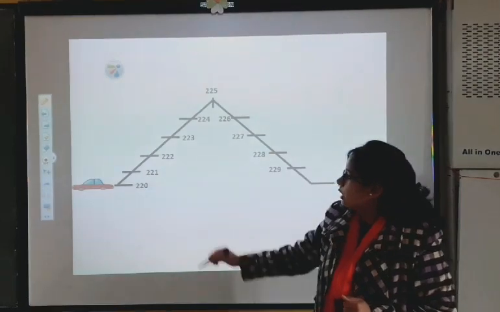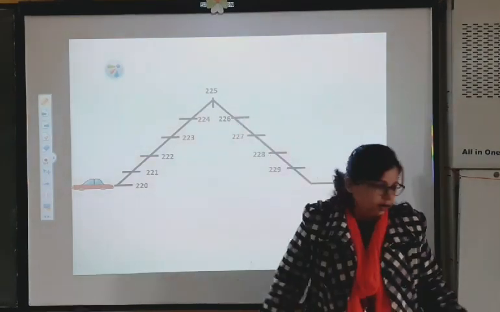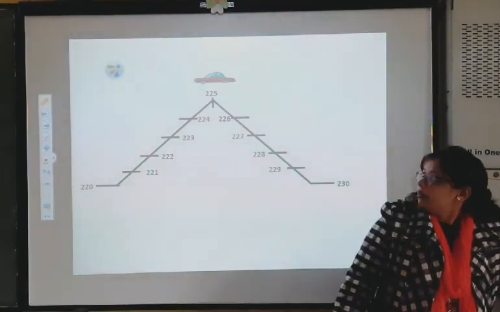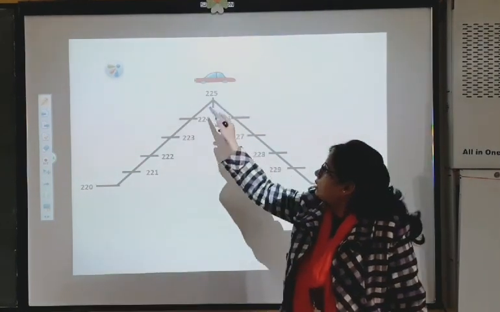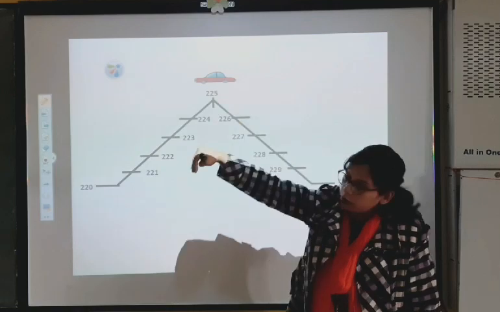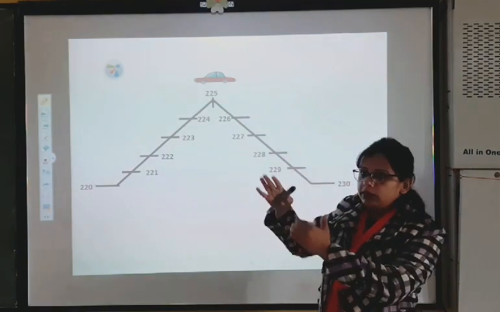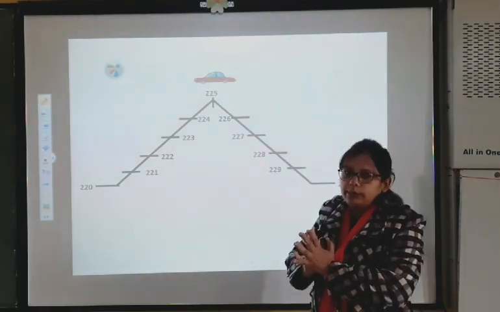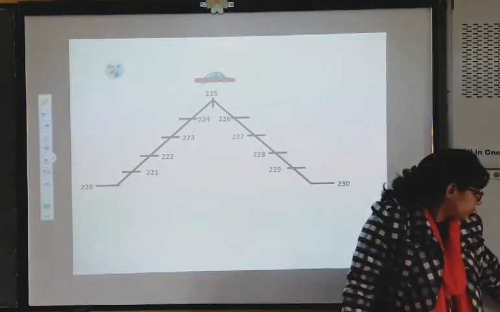Now children, what if the toy car is on 225? See, the toy car is on 225. What will happen? Will it slip down or go upward? Let's see.